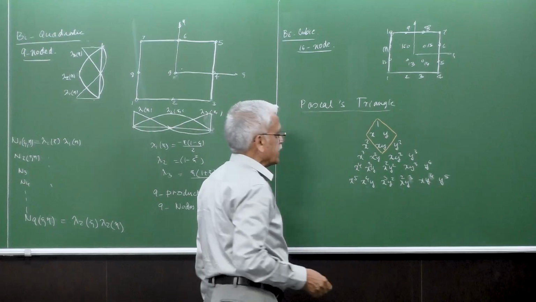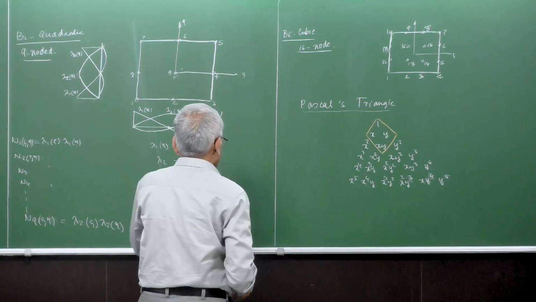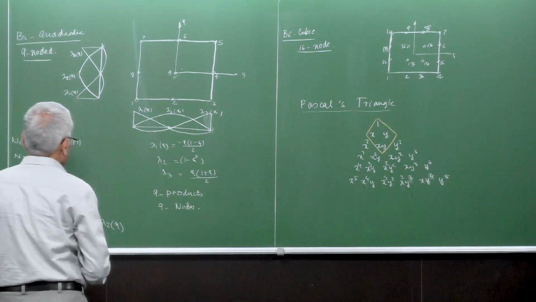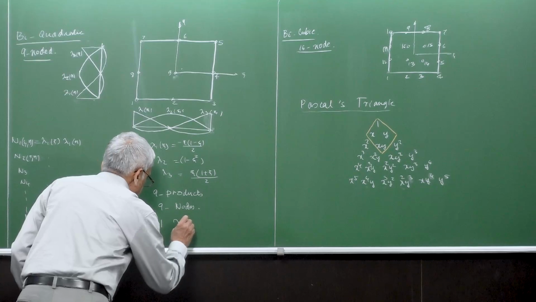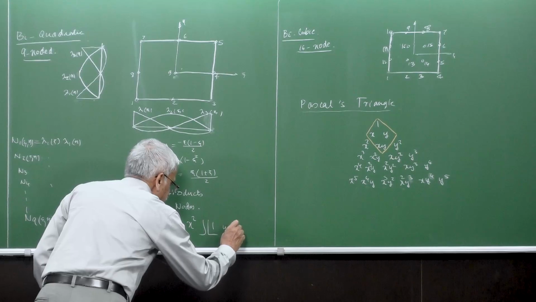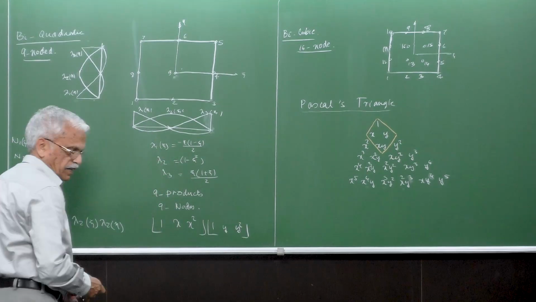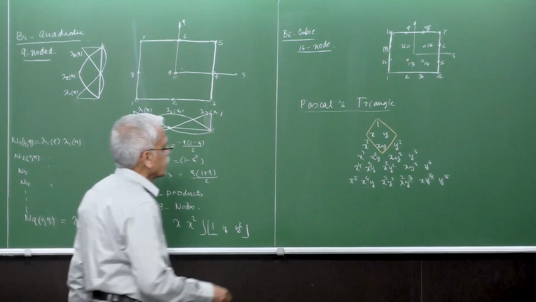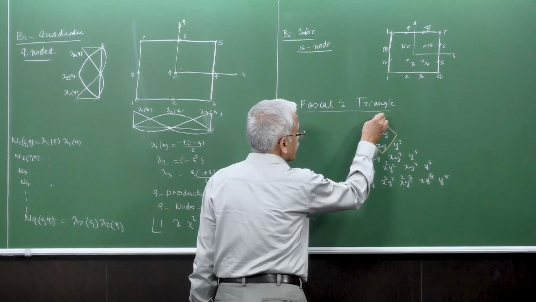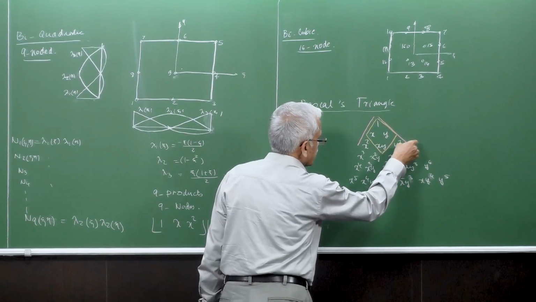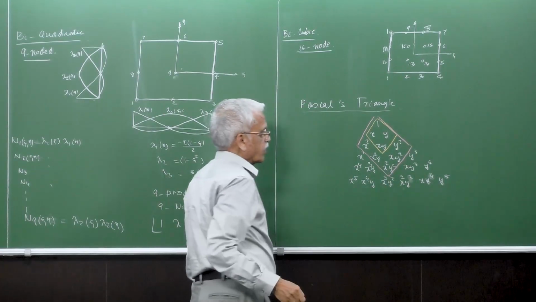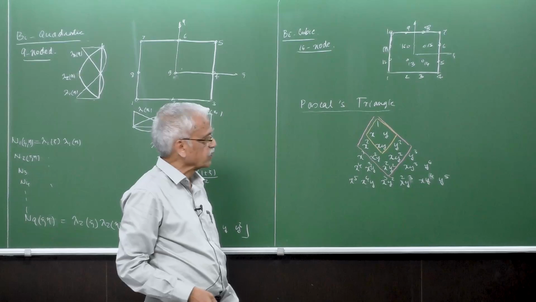This is for bilinear. Similarly for biquadratic, you have terms 1, x, and x square taken product with 1, y, and y square, right? And so you have the terms of x square here and y square here and the product of all these things, x square, y square.